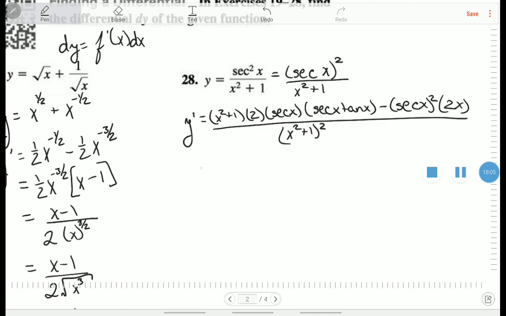So let's simplify this guy. We have a 2 times an x squared plus 1. And then I'm going to simplify this trig stuff. This is a secant squared x times tangent of x minus 2x secant squared of x all over x squared plus 1 quantity squared.